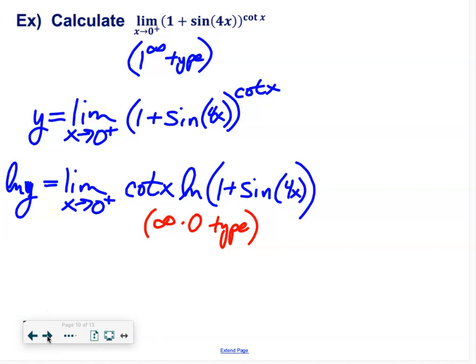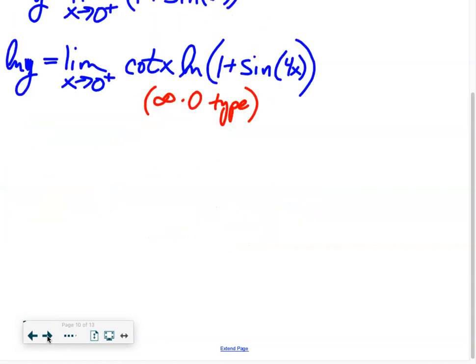What would be easier to put to the bottom? The cotangent. And when you put cotangent to the bottom, please do not write it as 1 over cotangent. What is 1 over cotangent the same as? Just tangent.